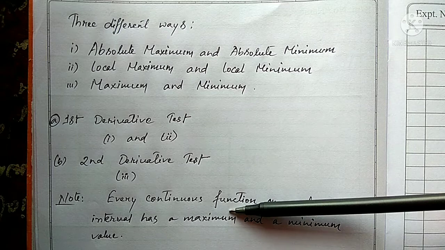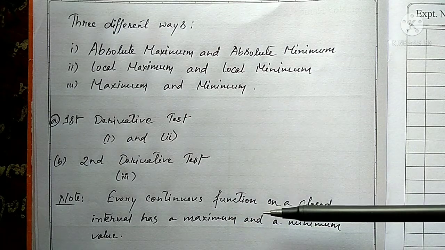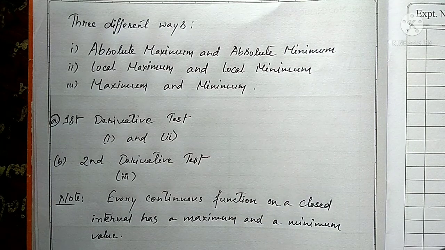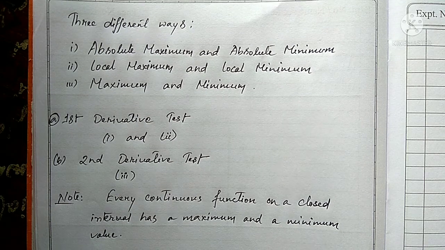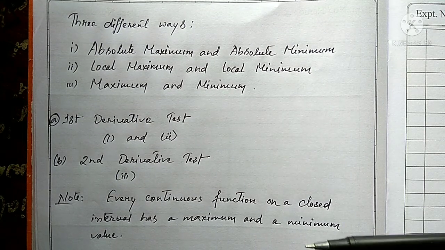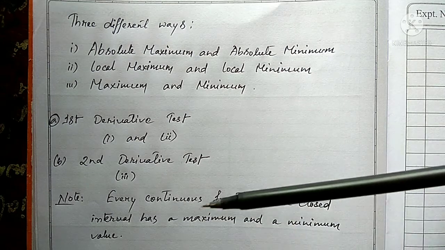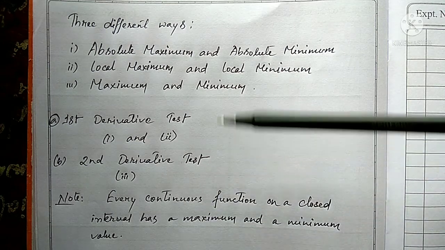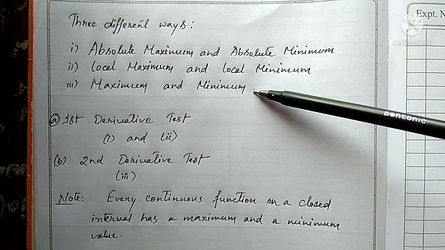Second derivative means after the first derivative we have to take the derivative a second time. All of you know how to find the second derivative, as we did in the derivative chapter. With the help of the second derivative test we can find out the third one, maximum and minimum. Is it clear?